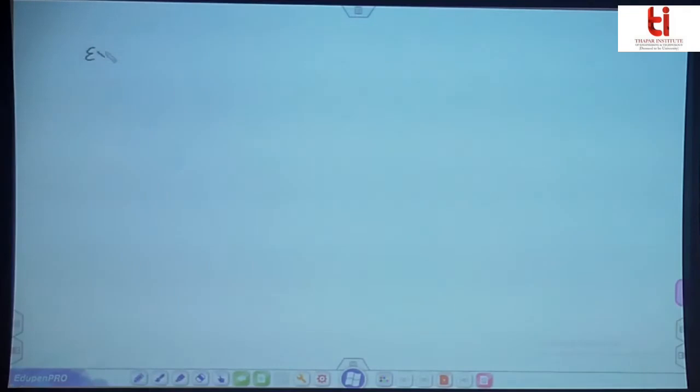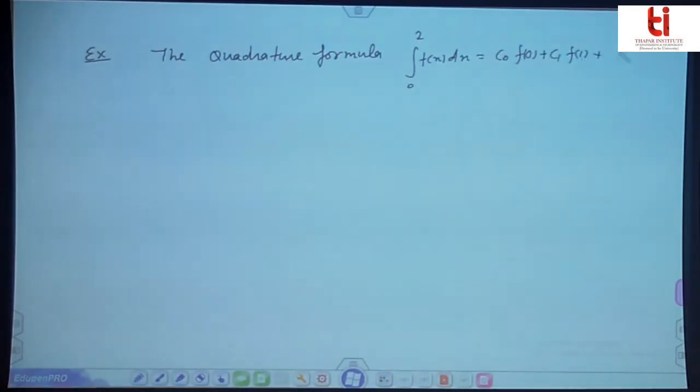Now there is one example. The quadrature formula integral from 0 to 2 of f(x) dx equals c0 f(0) + c1 f(1) + c2 f(2). This is some other quadrature formula, different from the trapezoidal and Simpson 1/3 rule. Any integration we write in terms of discrete form is called a quadrature formula.